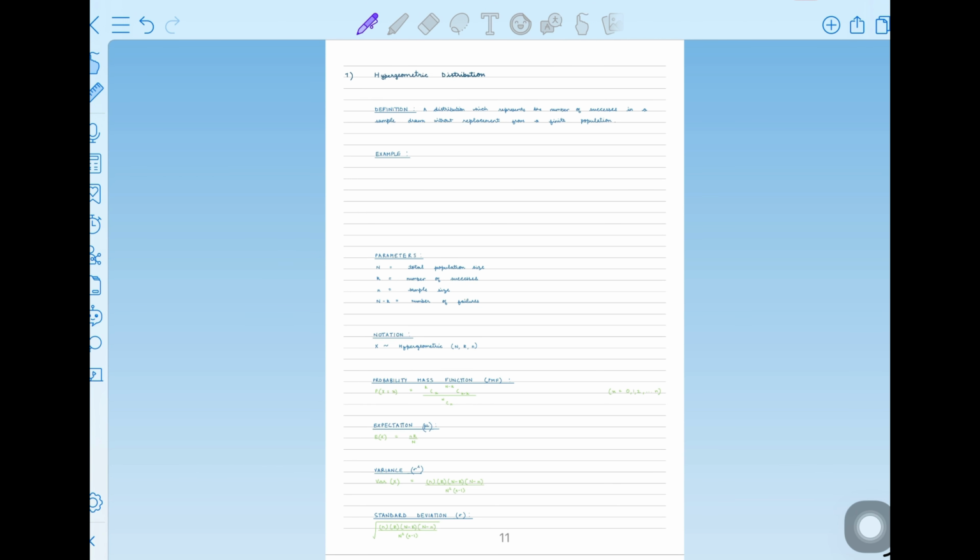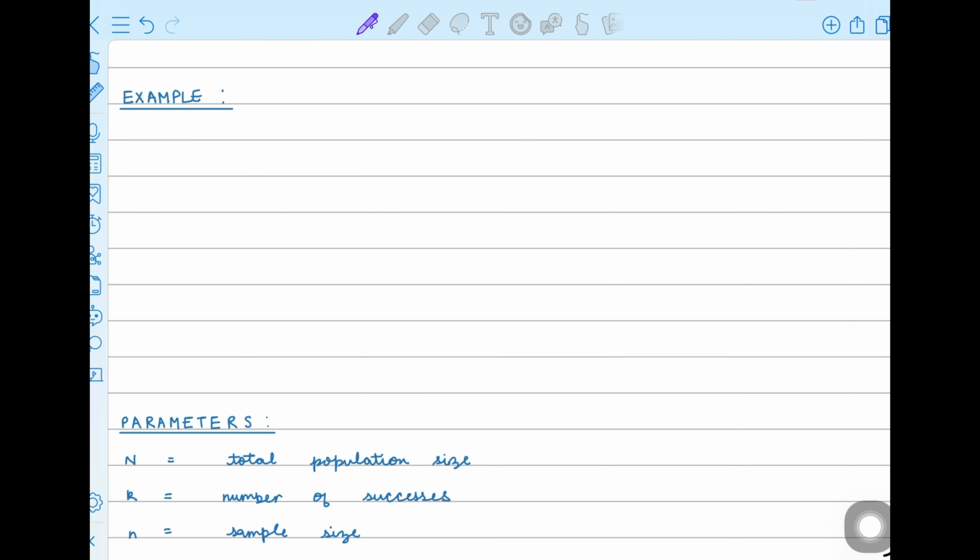Hypergeometric distribution. This represents the number of successes when sampling without replacement. For example, a box has 5 defective and 15 good items.